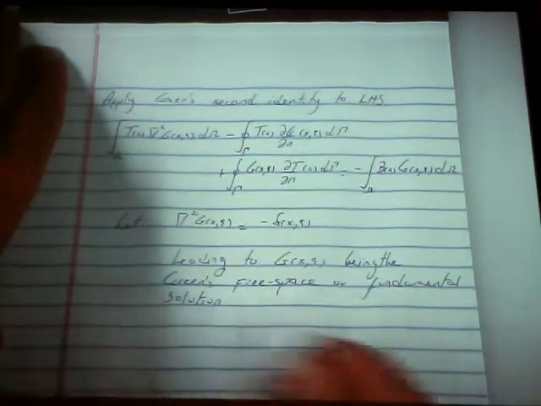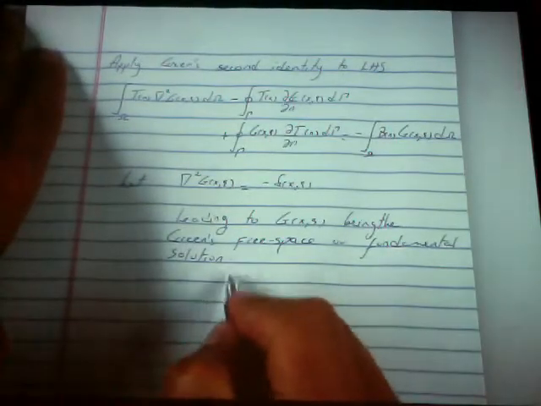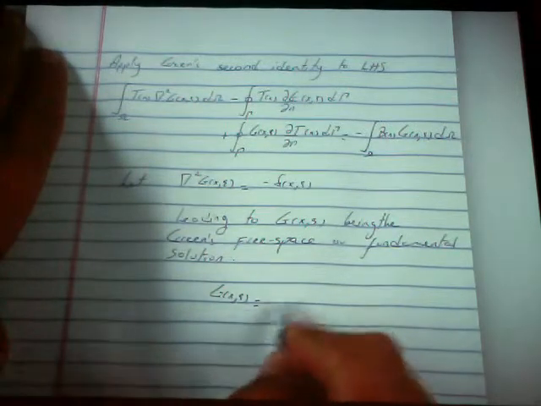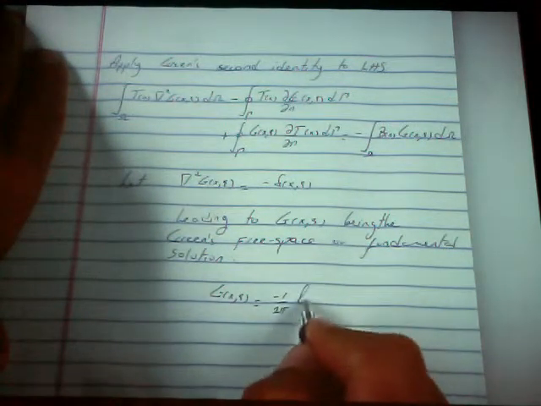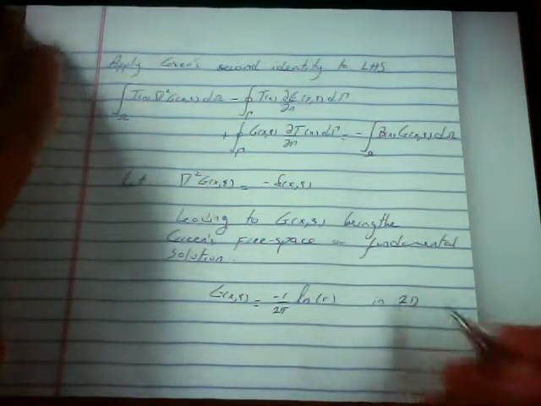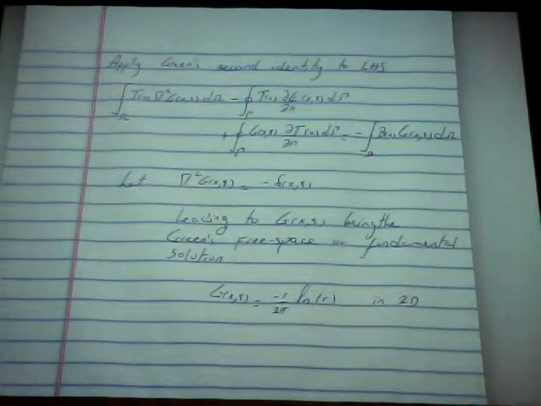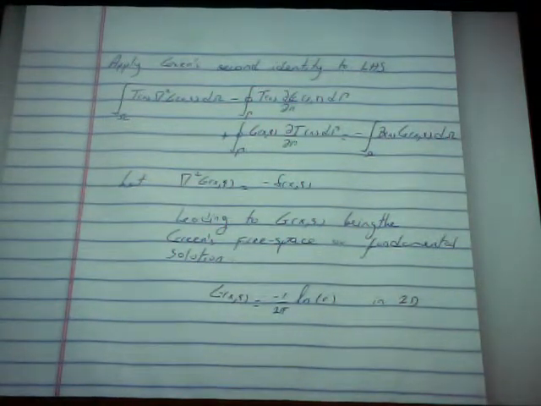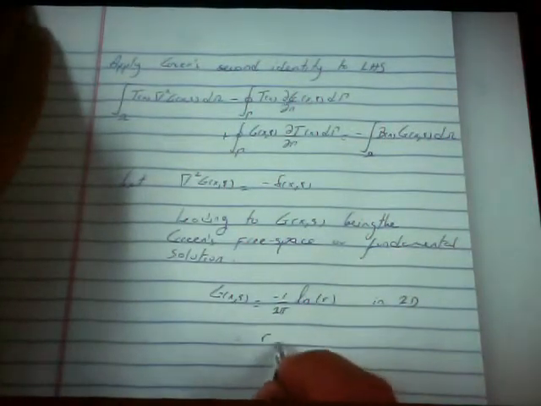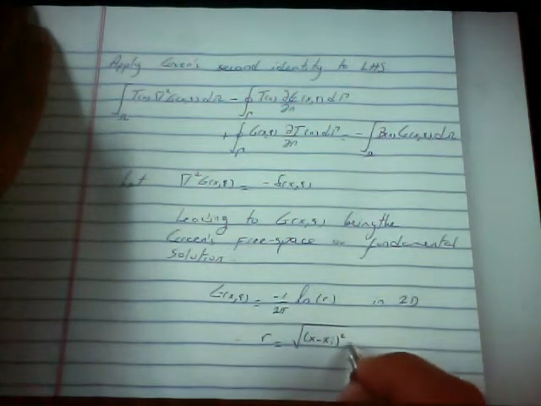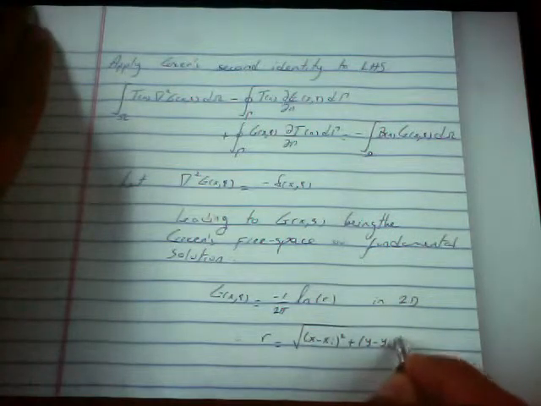The same one that we've been working with, such that g of x and psi is equal to minus 1 over 2 pi log of r in 2D, for instance, same function that we've been using, such that r is equal to the square root of x minus xi squared plus y minus yi squared.